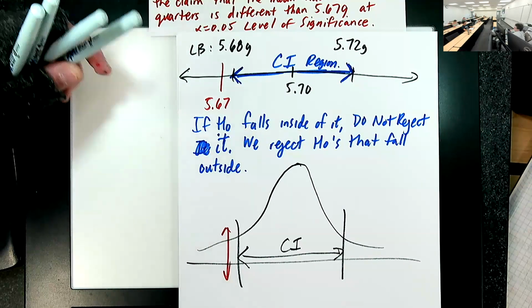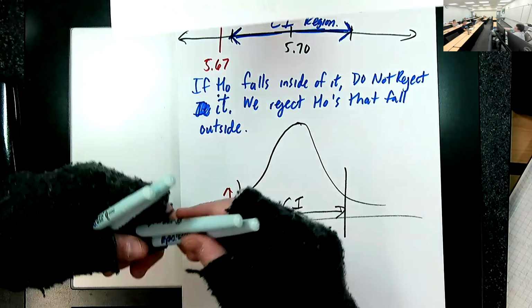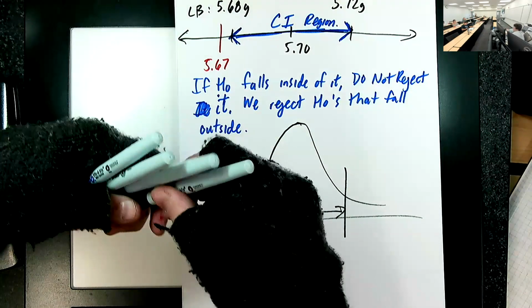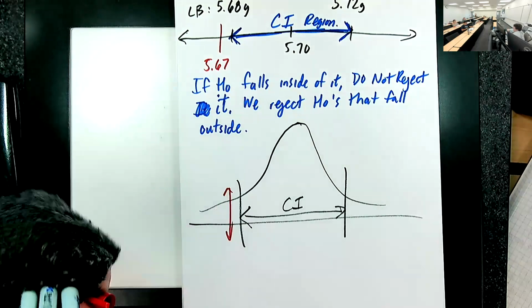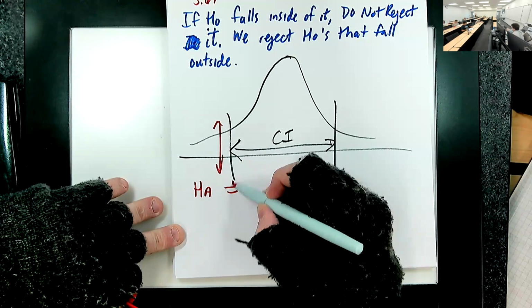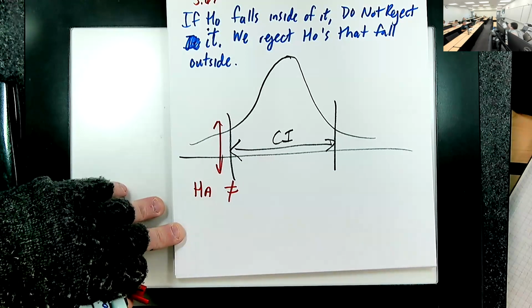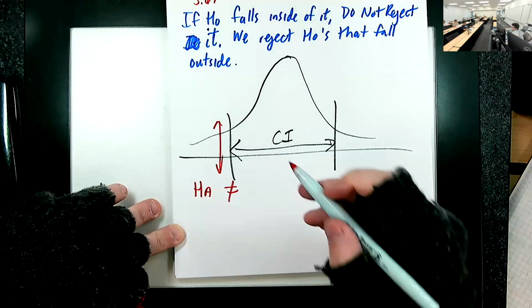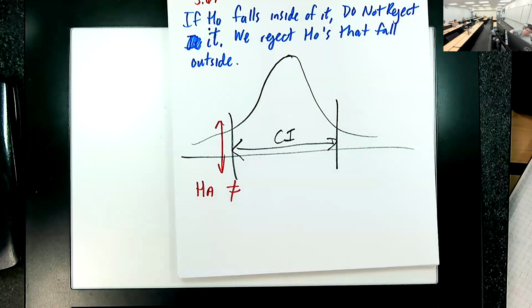Okay, so how do we decide this? If HA is not equal... Wait, was this not equal? Oh, I shouldn't have done 90%, I should have done 95%. I'm going to go back and change this.